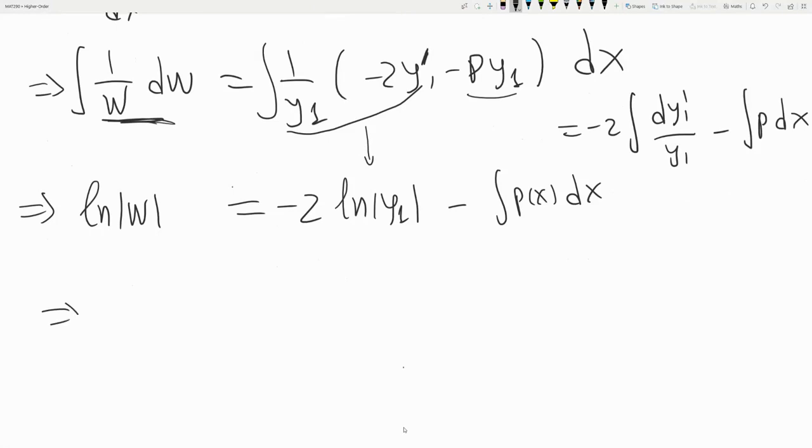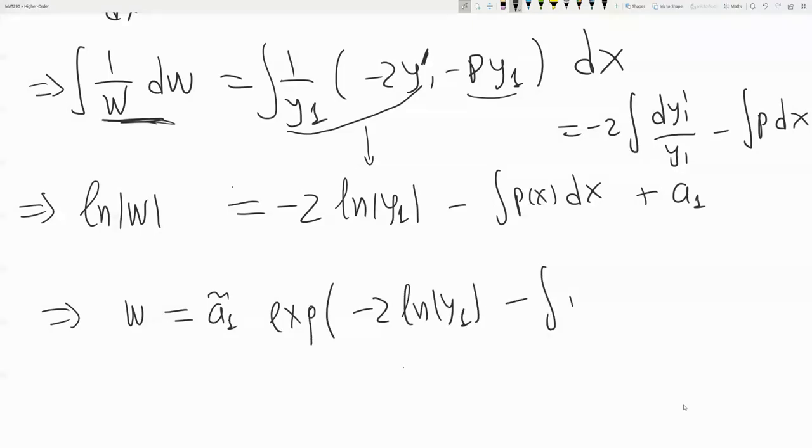All right. So now, if you take the exponential, let me add the constant and do it slowly. So we have minus 2 log of y1 minus integral of p(x) dx plus a1.